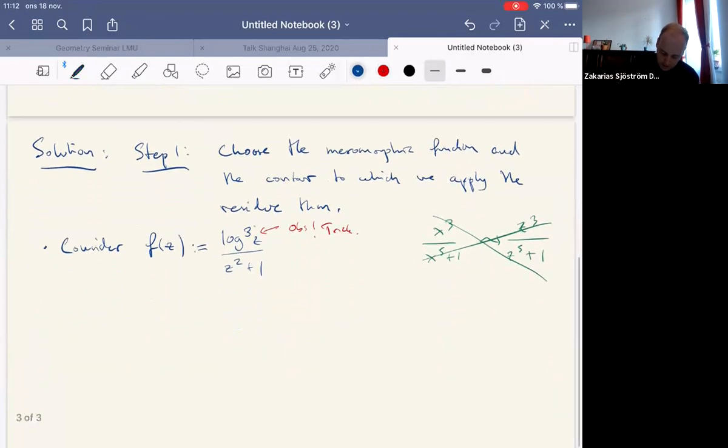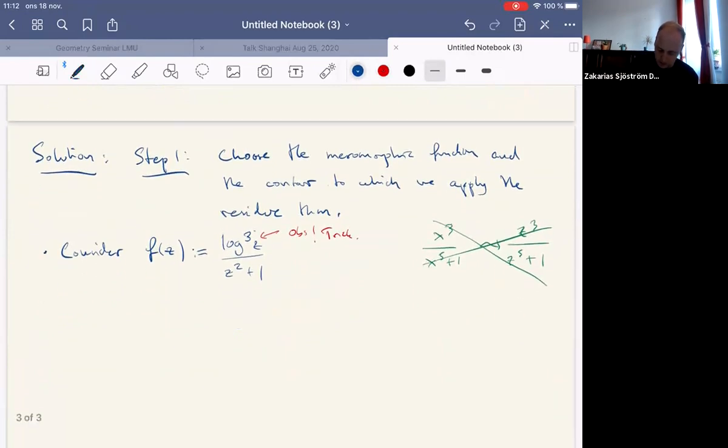Okay, and then the next thing we have to do is we have to tell what is the branch cut. So how should we choose this branch cut now?